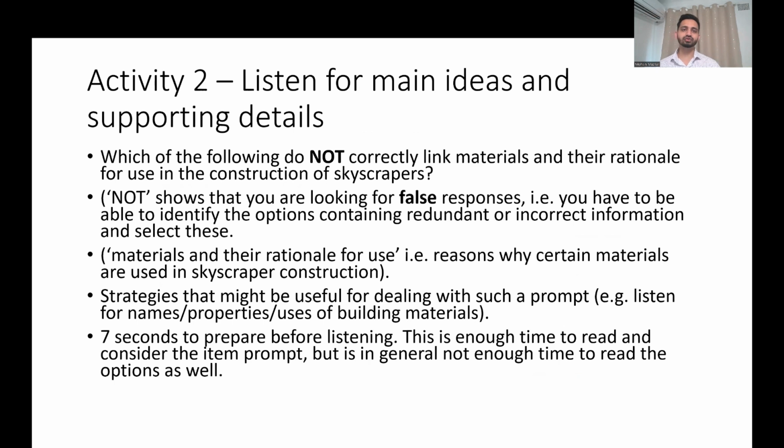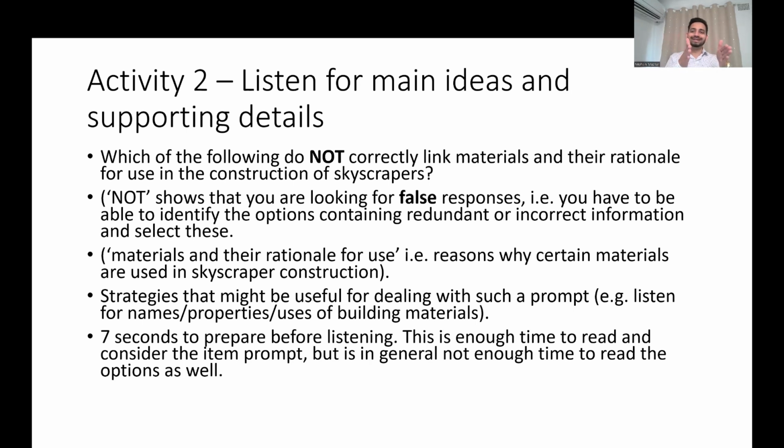For activity number 2, we're going to focus on listening for main ideas and supporting details. Okay, so here, what is the main idea and what are the supporting details? Now, let's look at this prompt here. The first prompt we've got, which of the following do not correctly link materials and their rationale for use in the construction of skyscrapers? What are we looking for here?